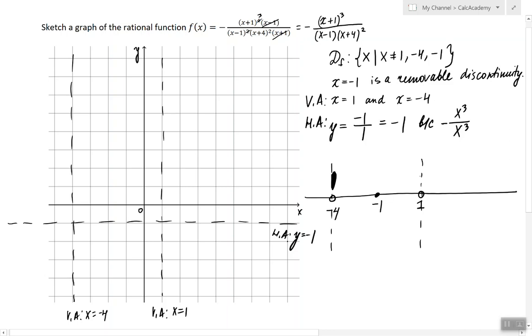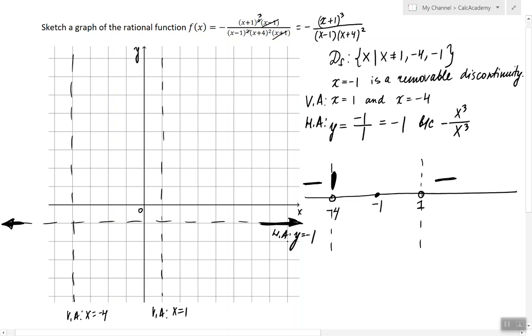But before we start, we have to figure out at least one sign on one interval, and we can use the horizontal asymptote for that. Since the graph of the function approaches this line as x approaches infinity and -infinity, that means that the sign of the rational function is negative to the right of 1 and to the left of -4.